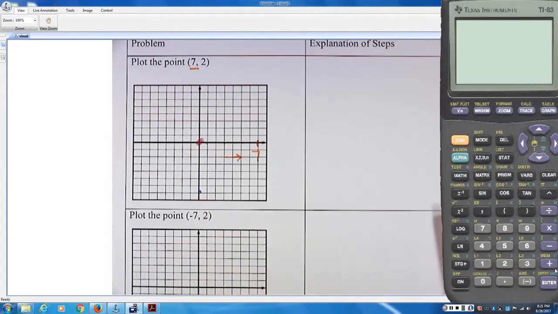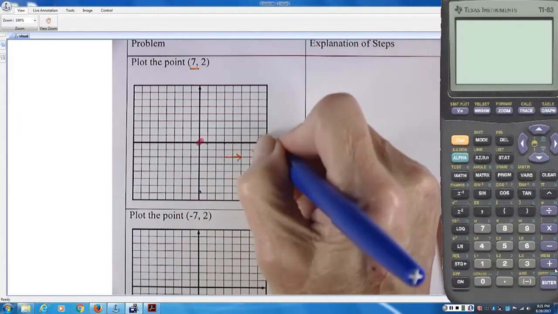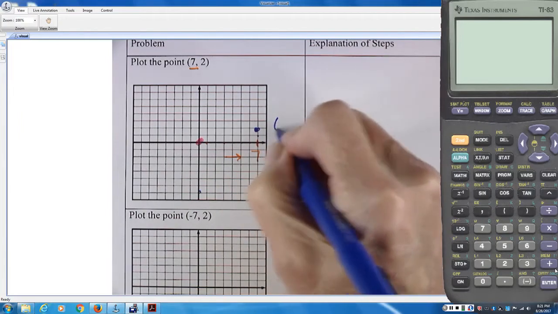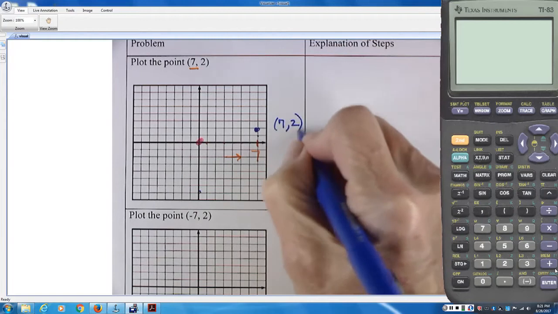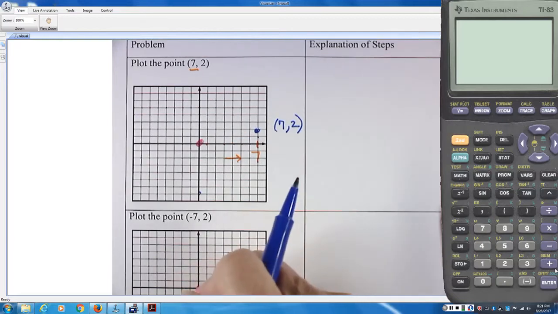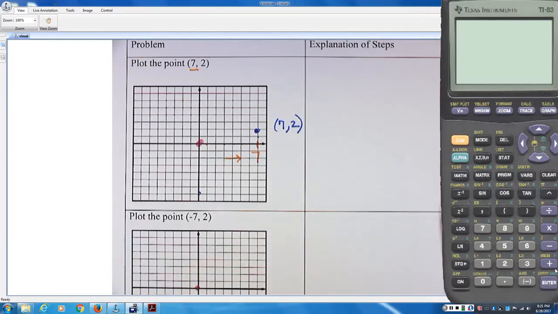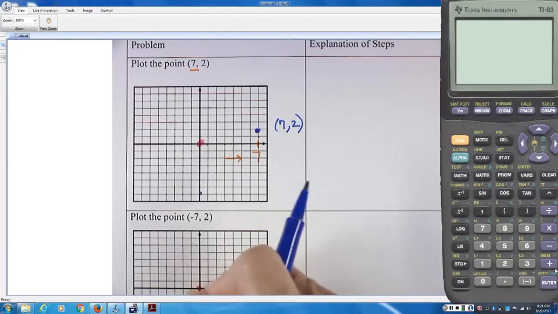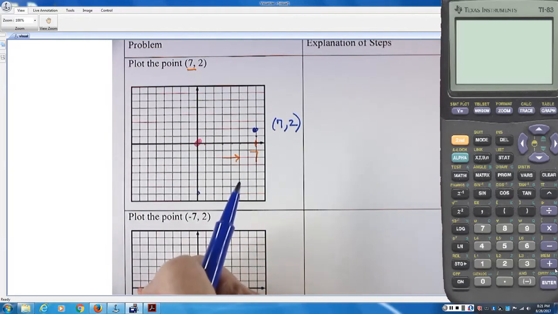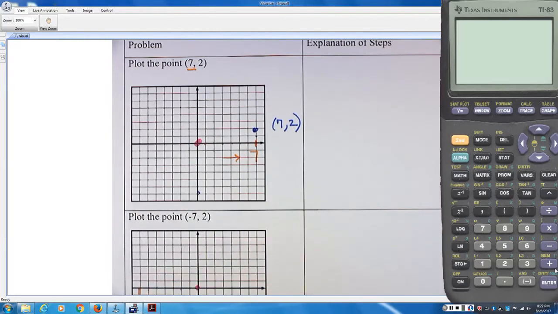And then from that point on the axis, I'm going to go up 2. 1, 2. If that had been negative 7, 2, the only difference is that I would have gone left instead of right. 1, 2, 3, 4, 5, 6, 7, and then up 2.